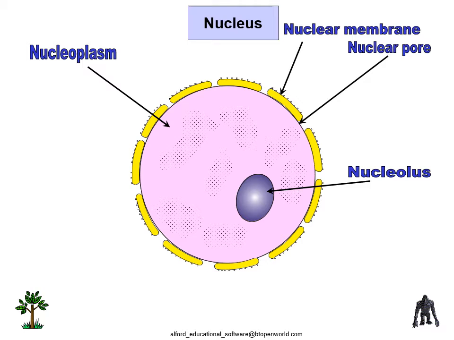But here in this nucleus the cell is not dividing, so the chromatin is unwound, so it's not wound up into chromosomes, and that's made up of DNA and proteins called histones. So at this time it's all unwound in the nucleus.